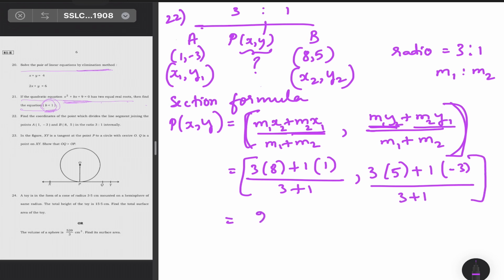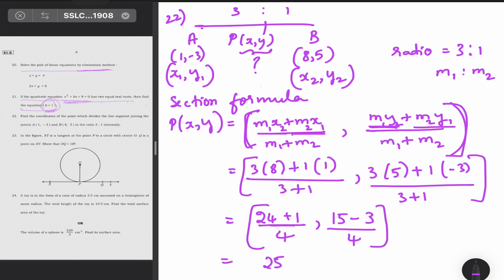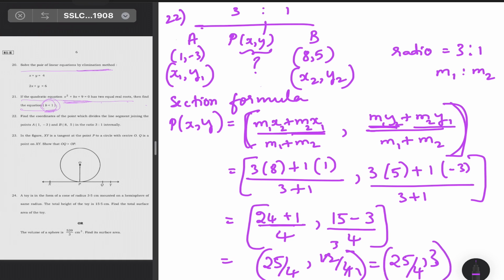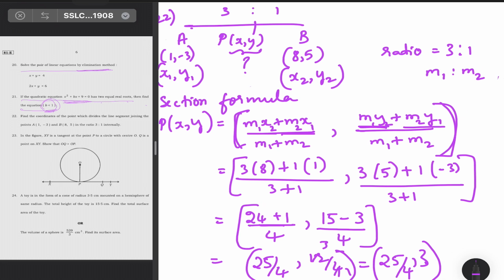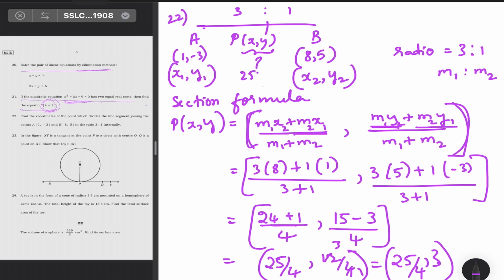On simplifying, we get 24 plus 1 by 4, which is 25 by 4, and 15 minus 3 is 12 by 4, that is 3. So these are the coordinates of the point P of x, y, that is 25 by 4, 3.